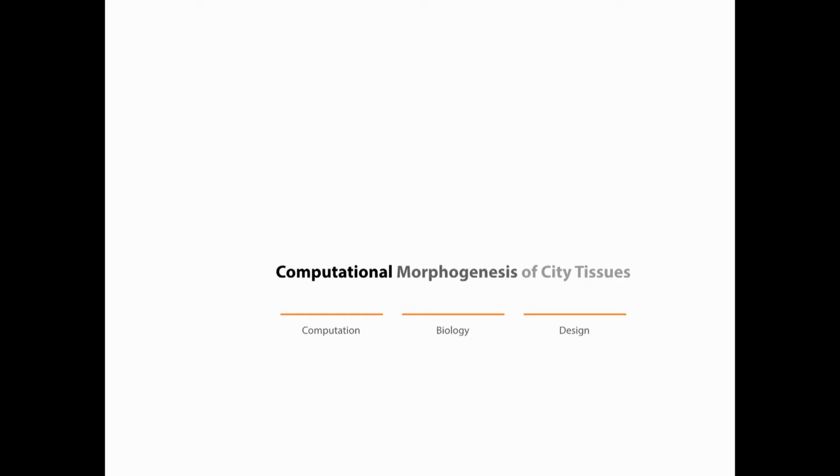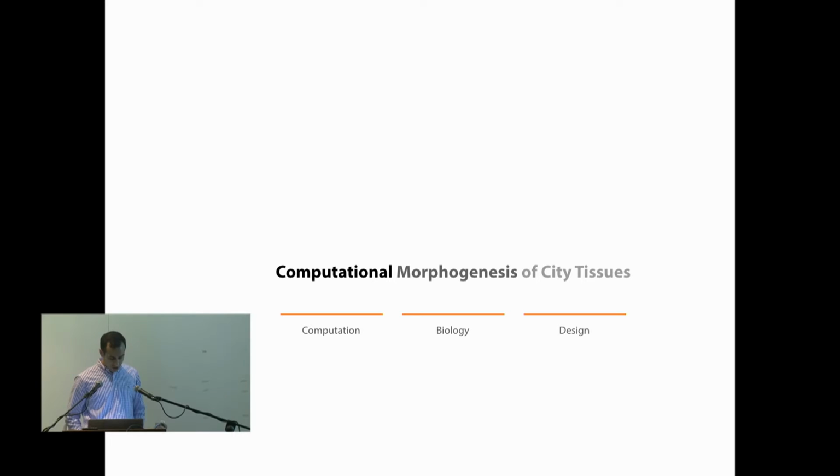The first is computational methods to simulate behaviors and compute mathematical models. The second is looking at biology to understand and deal with complex systems, which in this context is the biological concept of morphogenesis. It's a Latin word from the 19th century that originated out of biology to describe development and evolution of organisms.